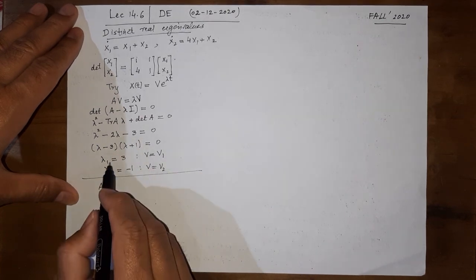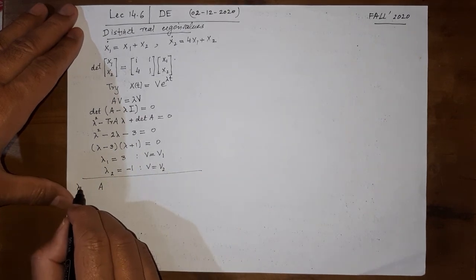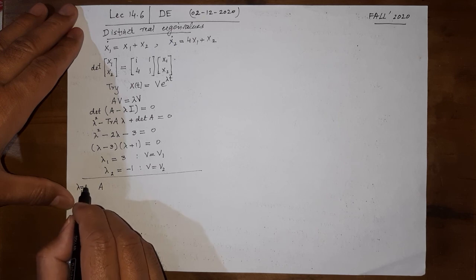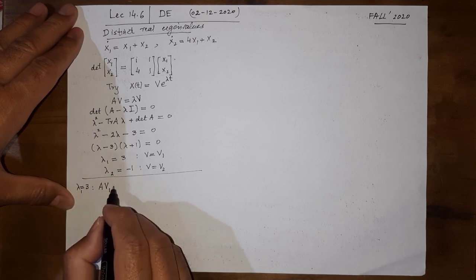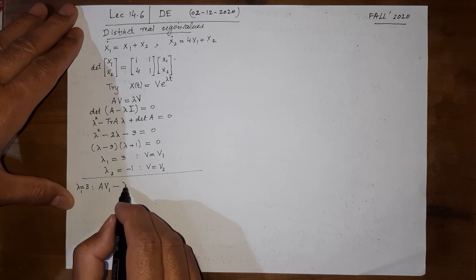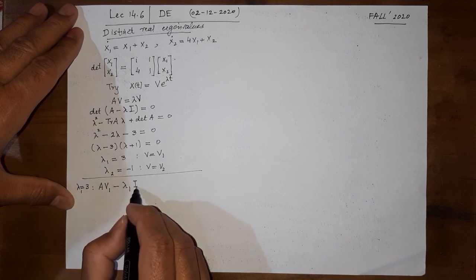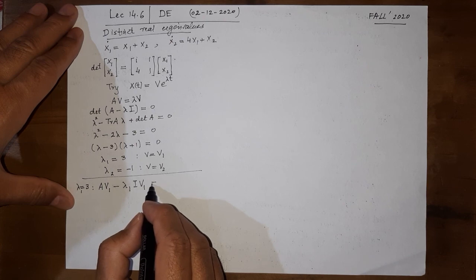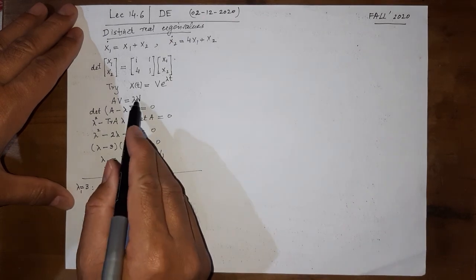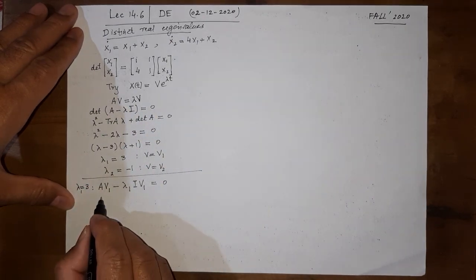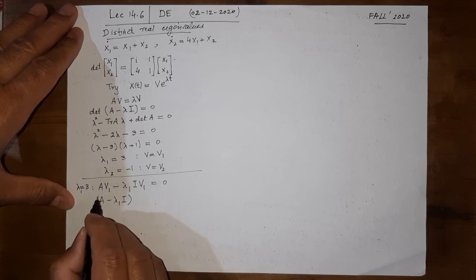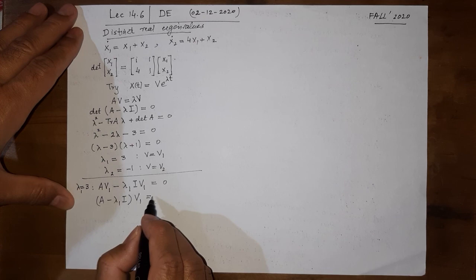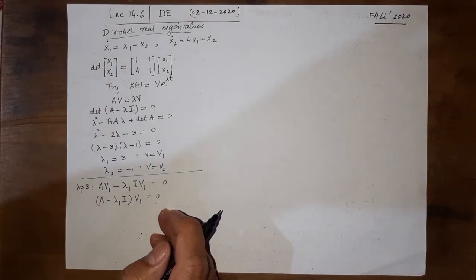So let us take lambda equal to lambda 1, that is 3. So A v1 minus lambda 1 I v1 is equal to 0. We take this to this side, or (A minus lambda 1 I) v1 is equal to 0.